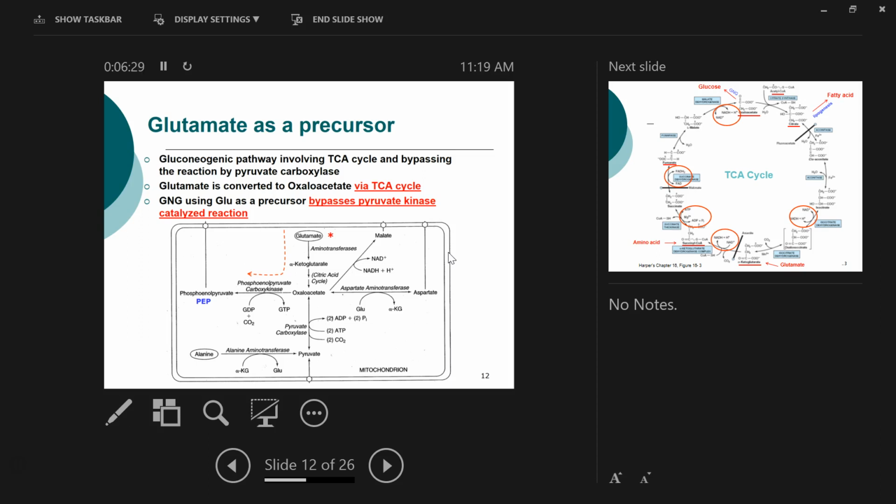It only involves three reactions and also the TCA cycle, because glutamate is converted to alpha-ketoglutarate, enters the TCA cycle, goes through some of the TCA reactions and is converted to oxaloacetate, right, and leaves the TCA cycle and joins the gluconeogenic pathway. So it bypasses the pyruvate kinase reaction, so it bypasses this key reaction in the mitochondria.